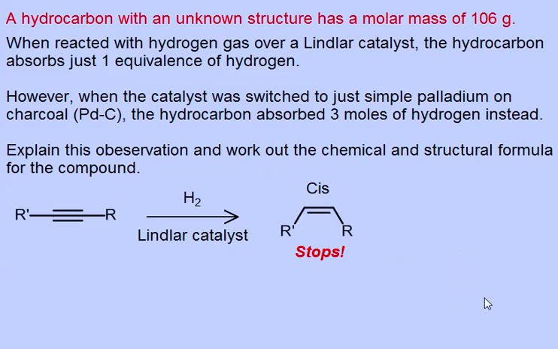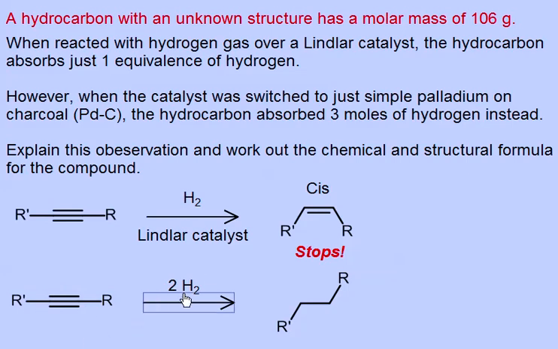And when we switch to just normal palladium on charcoal as a catalyst, which will absorb hydrogen to any pi bond, we absorb another 2 moles of hydrogen gas. So that pi bond, what we talked about previously, it absorbs 1 mole, then a second mole to completely saturate the pi bonds in the triple bond.